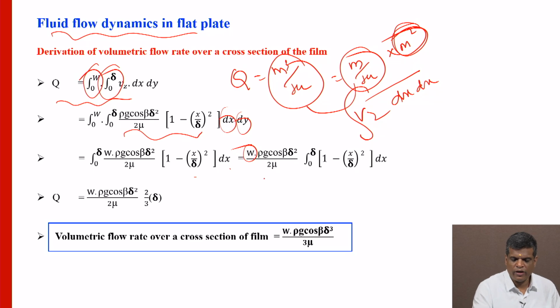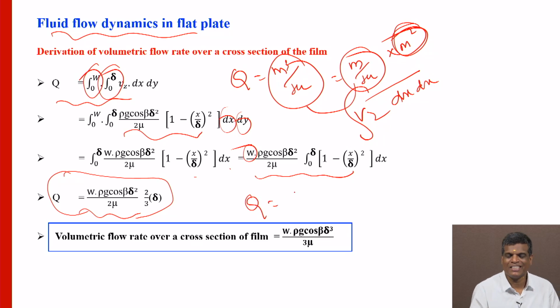After rearranging, we get Q equals W rho g cos beta delta square by this expression. The unit is meter cube per second, and even if you use all these terms, the final unit should be what we mentioned here. So this is the overall volumetric flow rate.